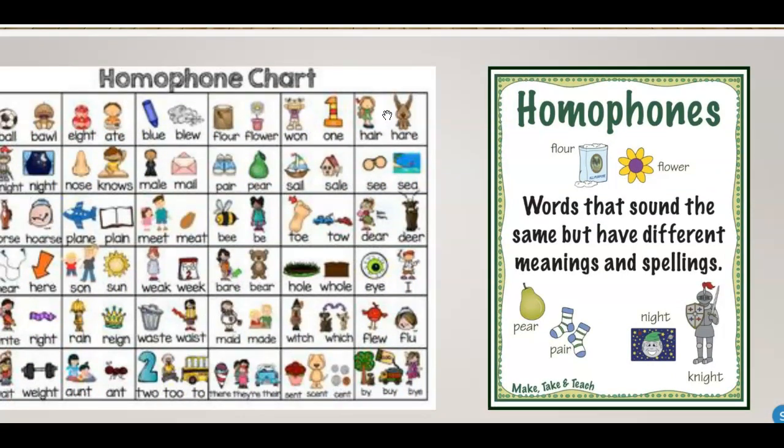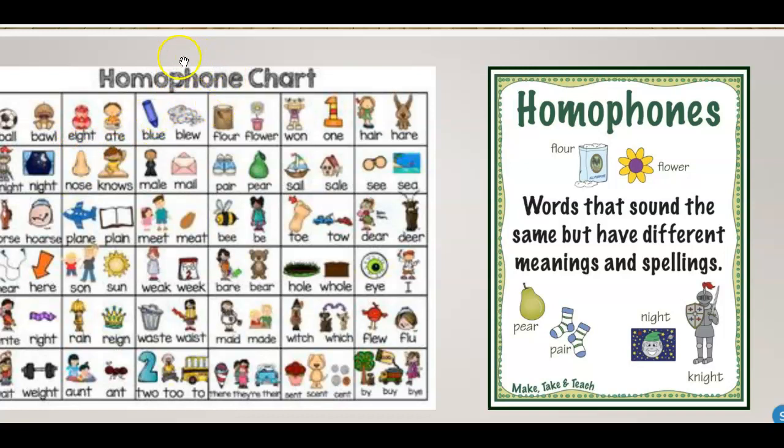Let's look at homophones specifically. Again, phone refers to sound. So these are always going to be words that have the same sound, but the meanings and spellings are different. For example, ate versus eight. When I spell it differently, one is a number, the other is an action of eating food.